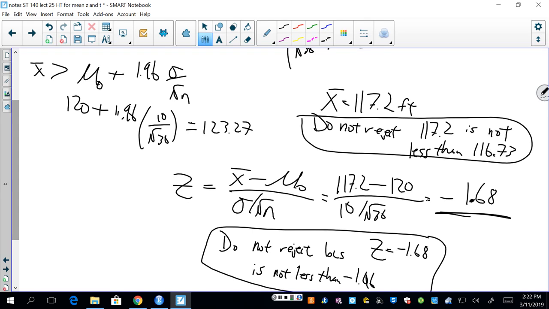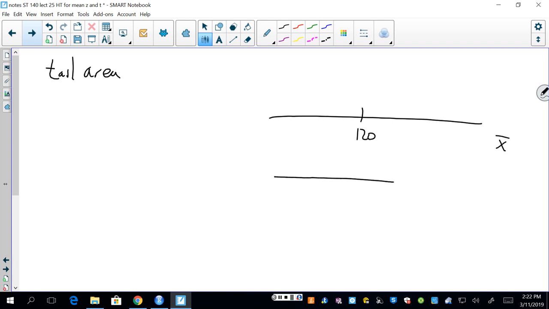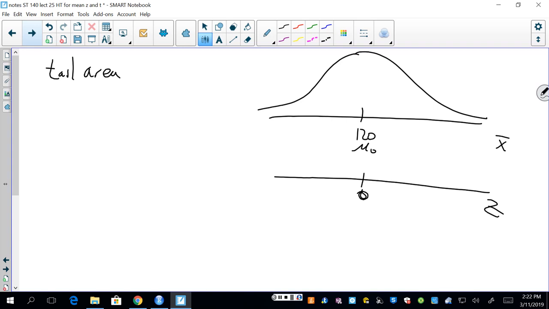And the third way: what's the p-value? Tail area. So you have 120 on the x-bar scale, and that's using 0 on the normal scale. We have a similar shape. Negative 1.68 is here, 117.2 is here, and the tail area is the probability we're less than this.